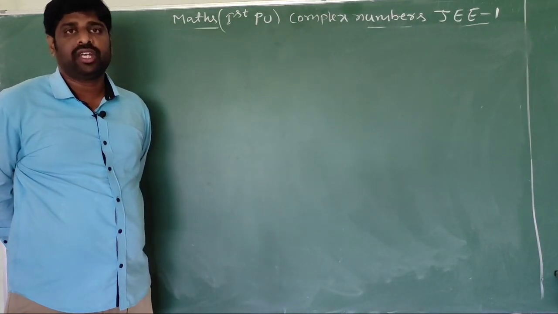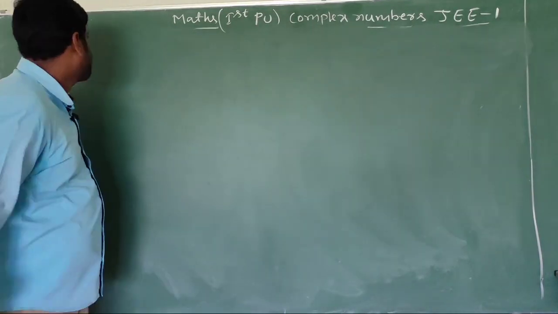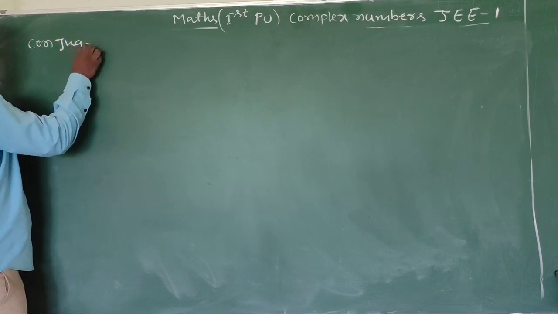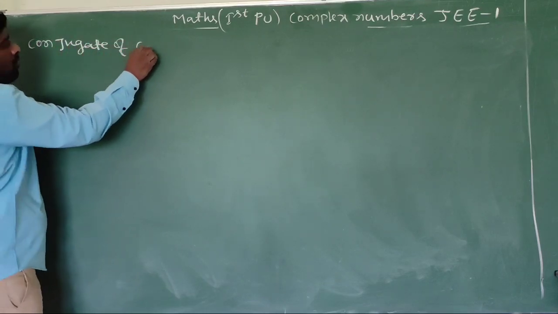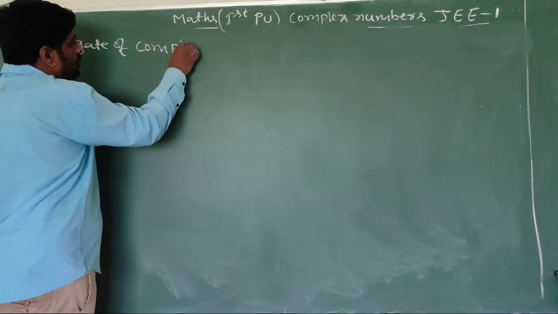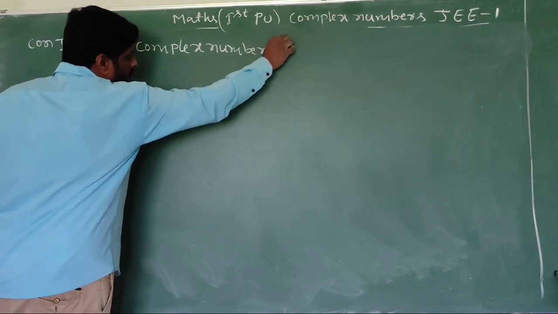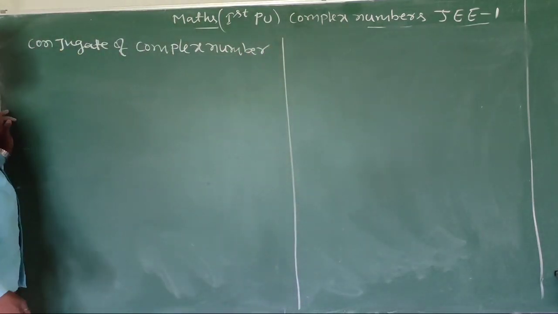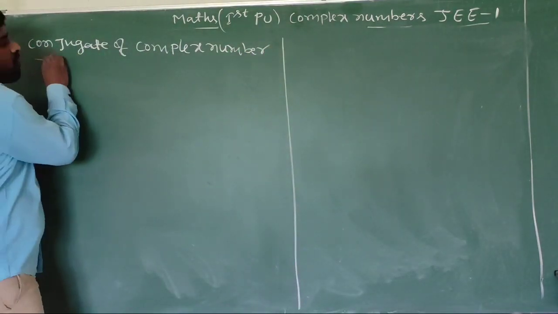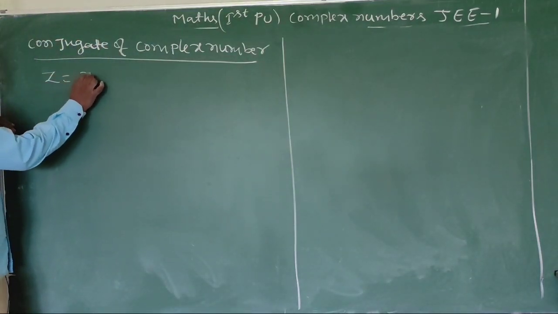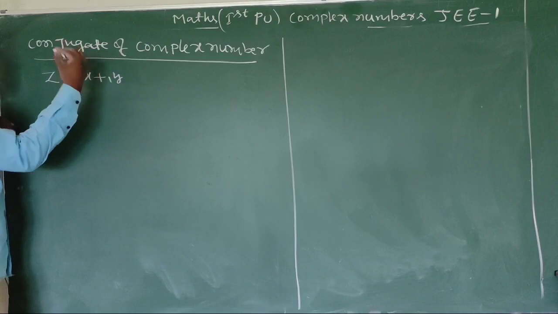Next, conjugate of a complex number. Dear children, conjugate of a complex number means, suppose z is equal to x plus iy.